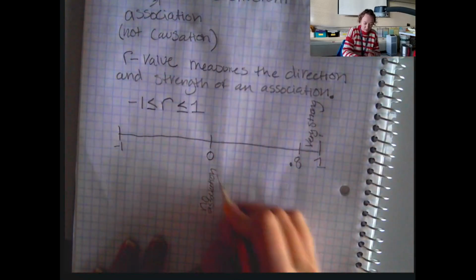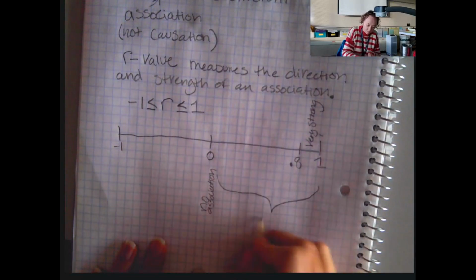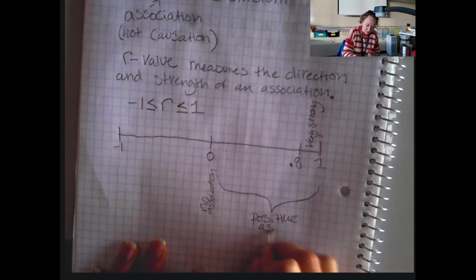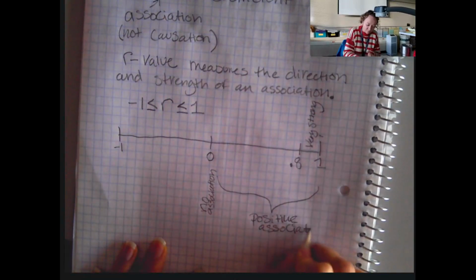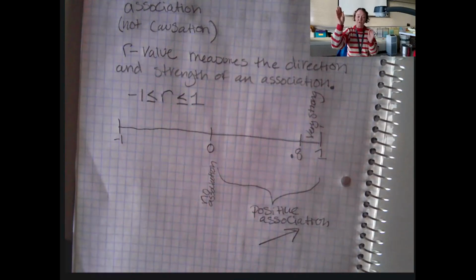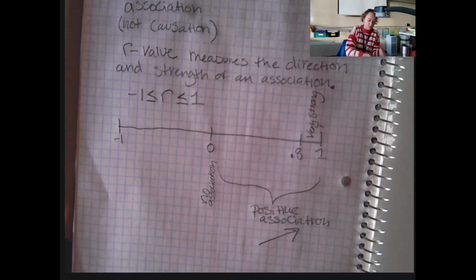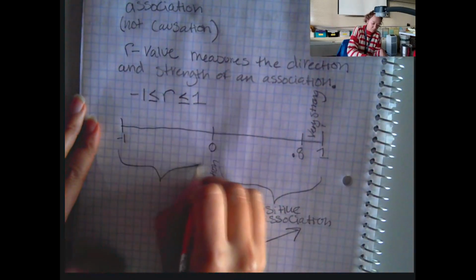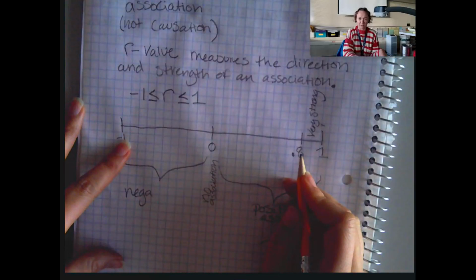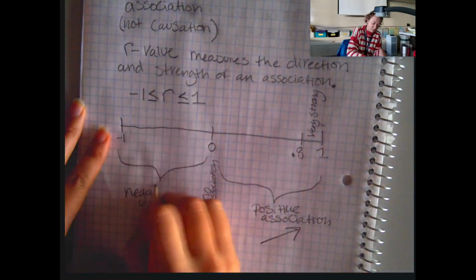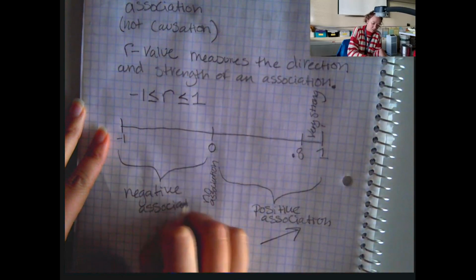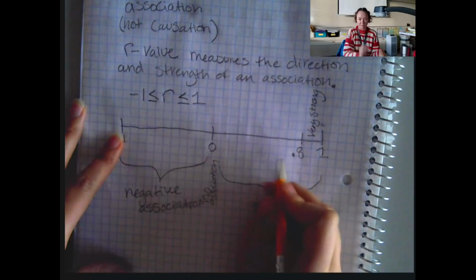Everything over here would be considered a positive association, meaning the slope of the trend line is positive. Everything over here would be a negative association. I realize I did not actually set my scale up to be like a real scale here. Sorry. Like this half is way smaller than that half, but that's okay.